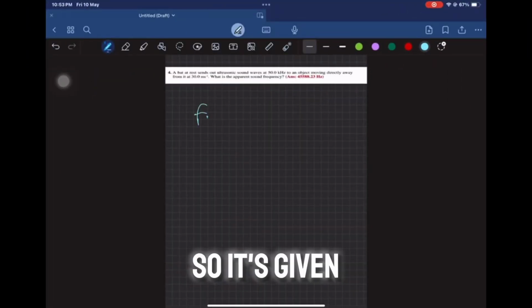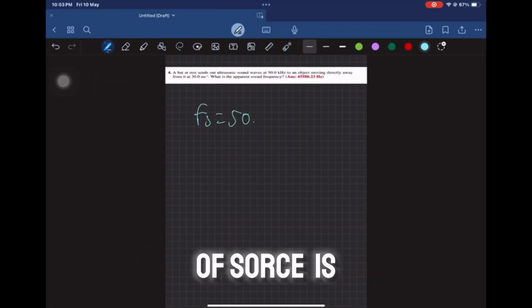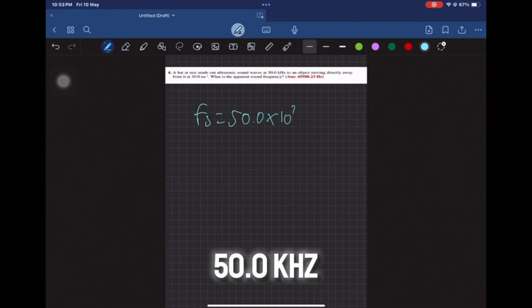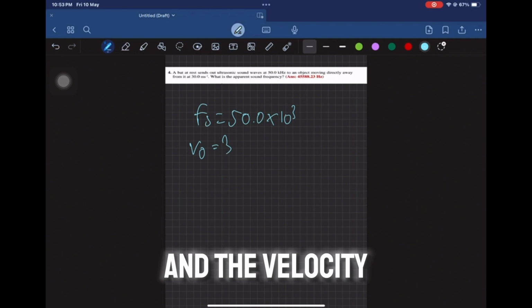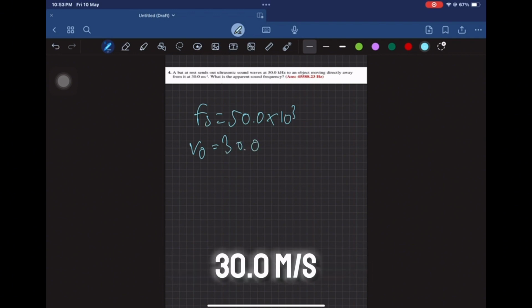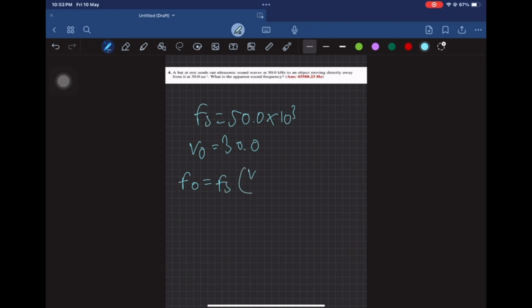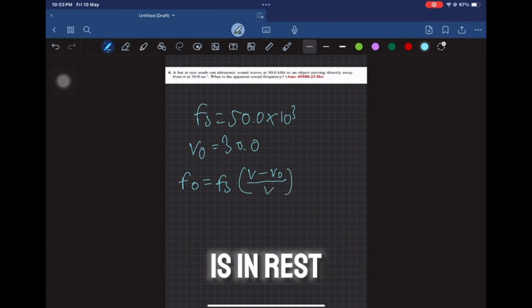So it's given that the frequency of the source is 50.0 kHz and the velocity of the observer is 30.0 meters per second. So the formula is fO equals fS times (v minus vO) divided by v.